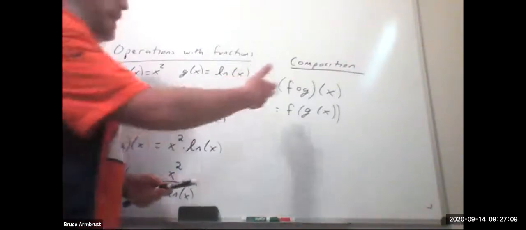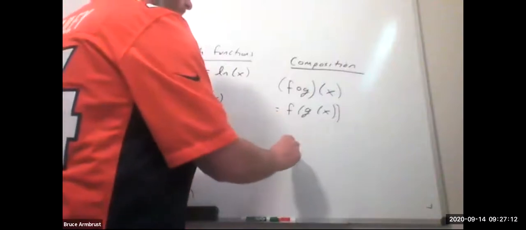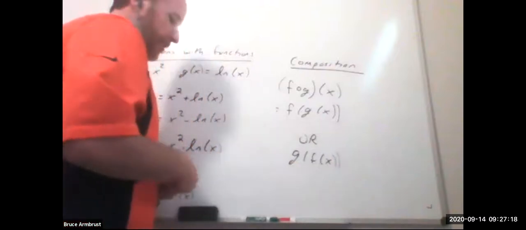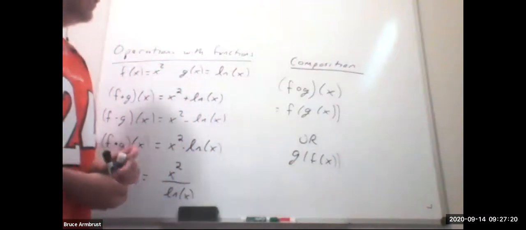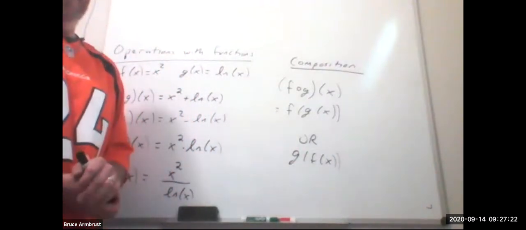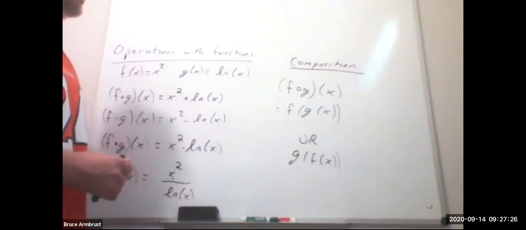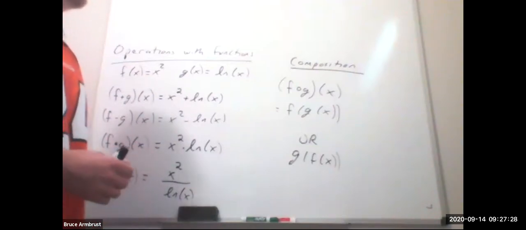Okay, so this would be f of g. We could similarly have, say, g of f. Right? You can actually compose a function with itself. You could have f of f or what have you, but this is a different operation that we can do with functions.